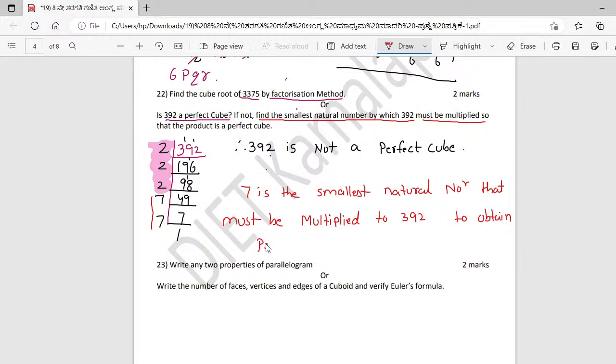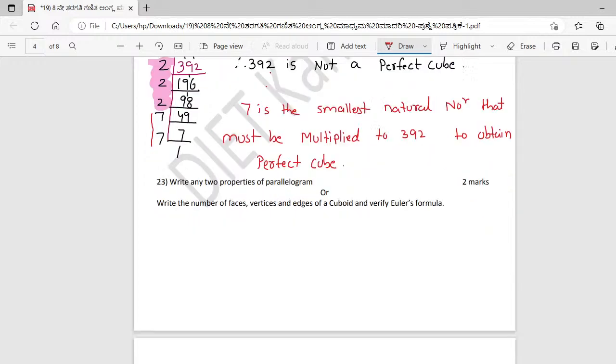To obtain a perfect cube. That's it, from the second descriptive column. And let us go with the next one. I hope everybody got clear with these solutions. Let us go with the next one.